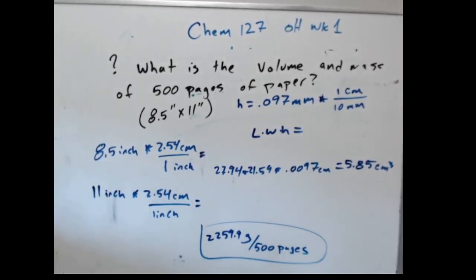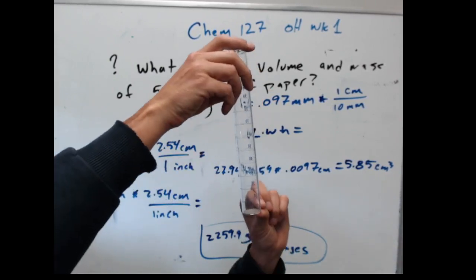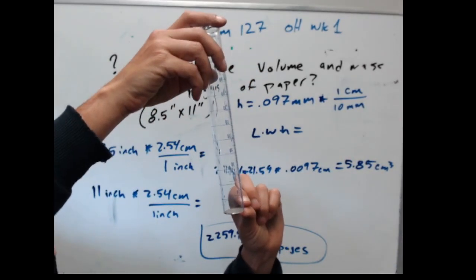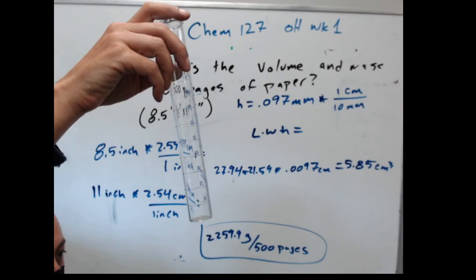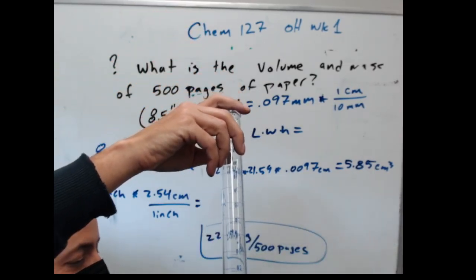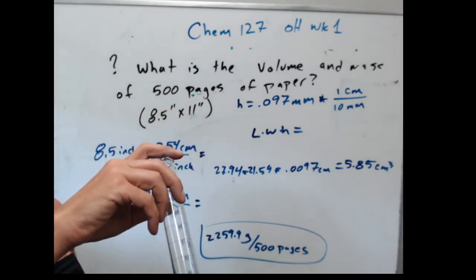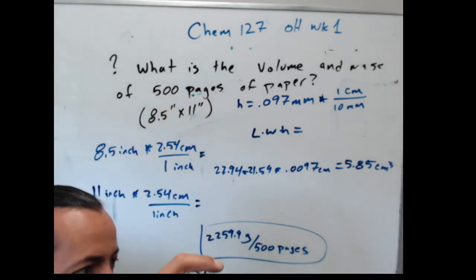So this is kind of funny. If we took a piece of paper and we crumbled it up as small as possible, like turned it into a powder, and filled it, it would fill about 5 milliliters. It's funny to think about how big it is. The problem with crumbling it is there's a bunch of air caught in there, so you're not really getting it down to its smallest possible volume.